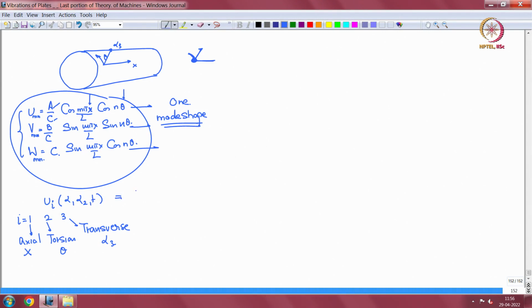In the response, we are representing it as a sum of mode shapes with an amplitude that depends on time. This is called the modal participation factor.